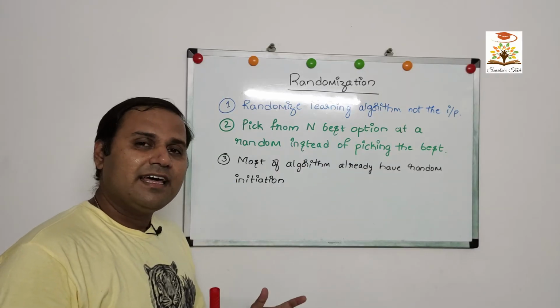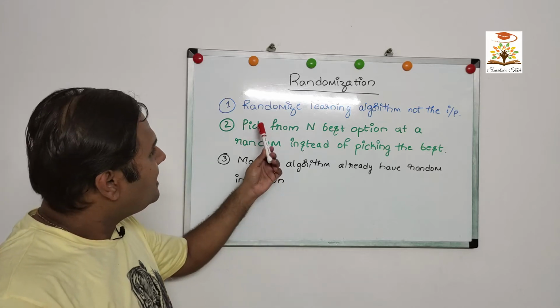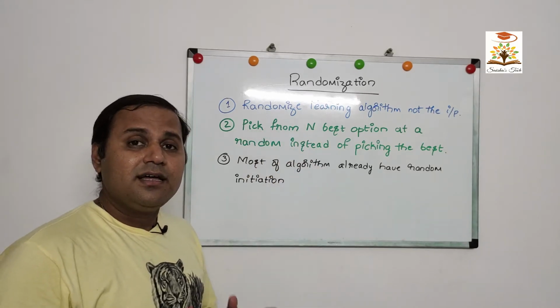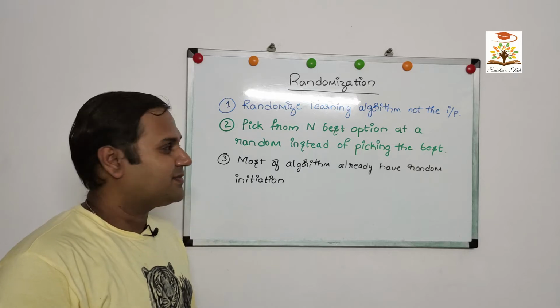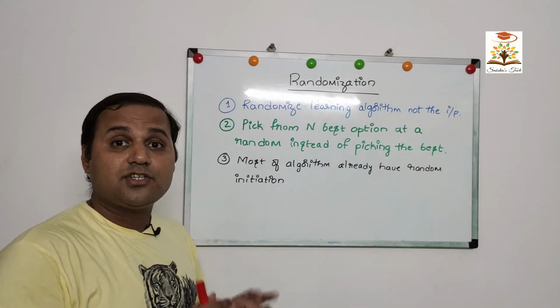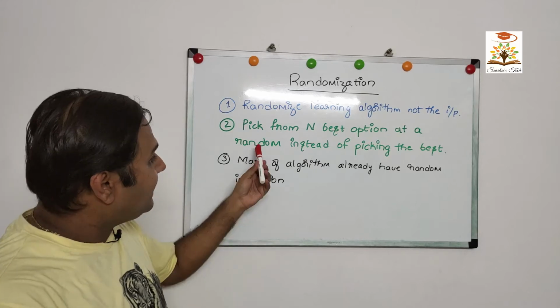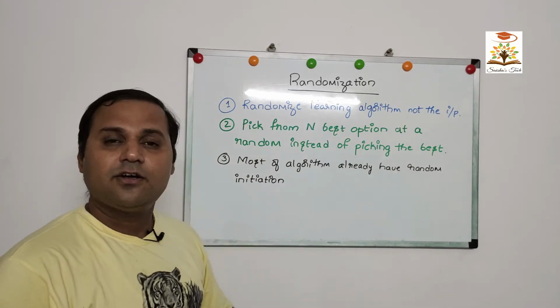Let's start with the randomization type of ensemble model. Here we randomize the learning algorithm, not the input data. What we do is we pick randomly from the n best options instead of always picking the best.